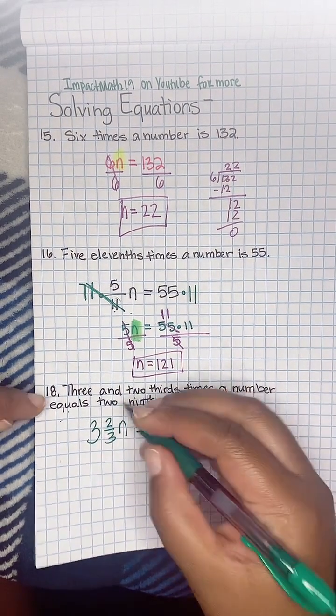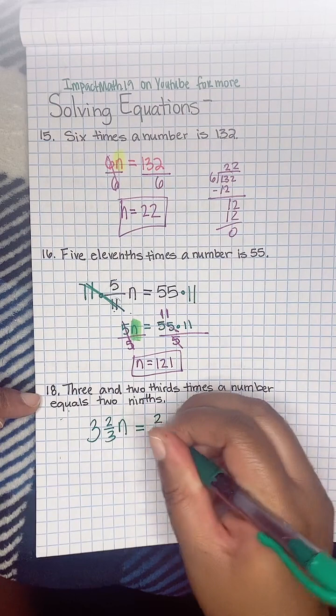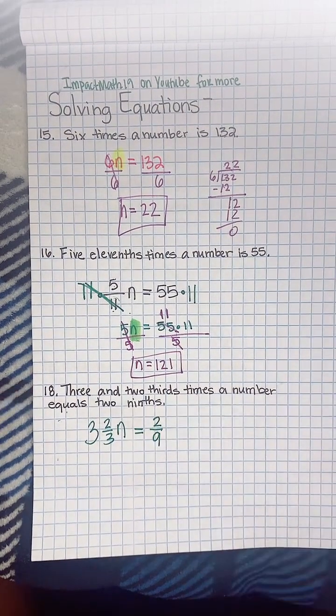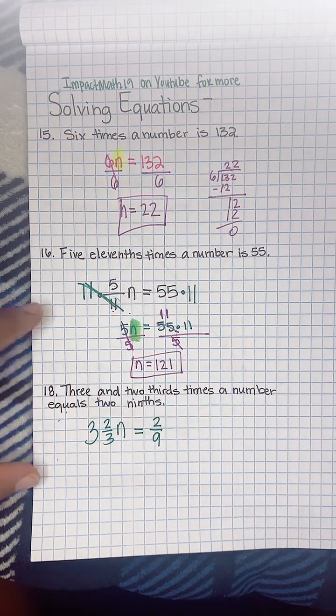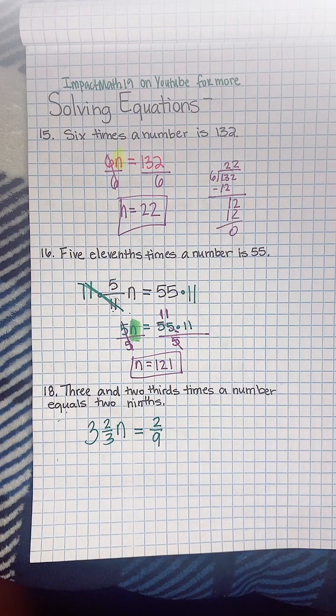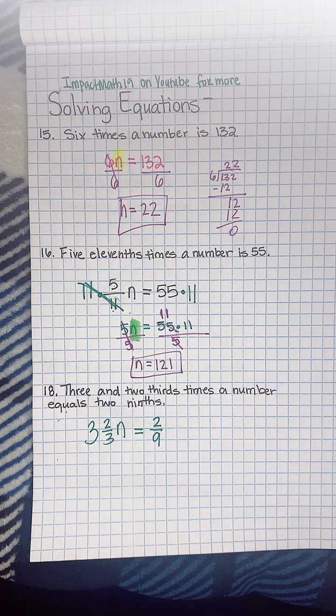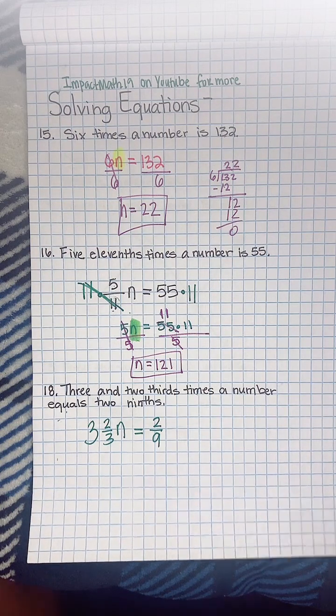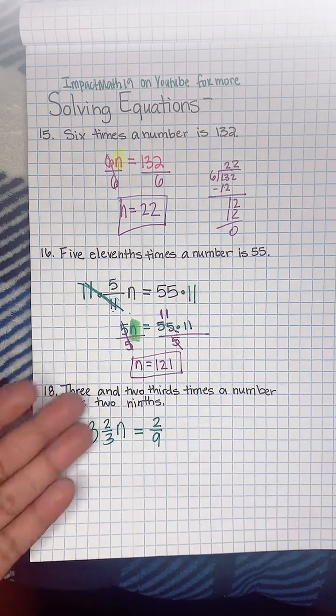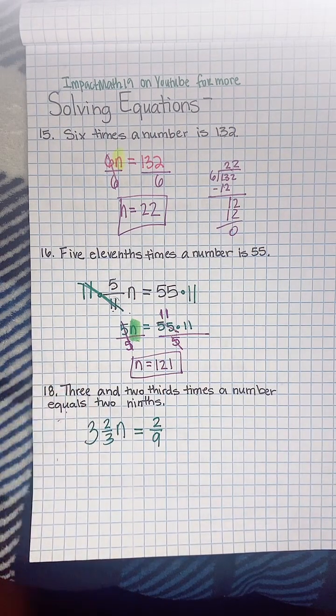Equals 2/9. And this is like, I'm done. I'm over it. This looks crazy, right? That's what our brain tells us. Why can't they just put a little 2 right there? Why do you have to do 3 2/3? But it's okay, okay? Don't let your mind psych you out.